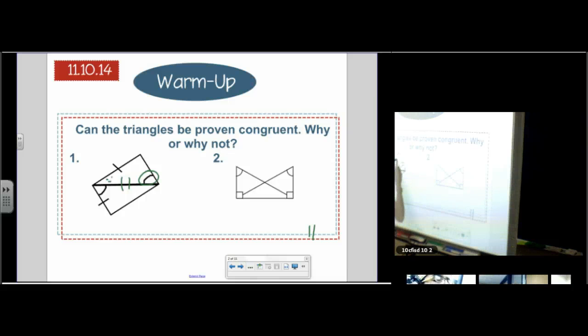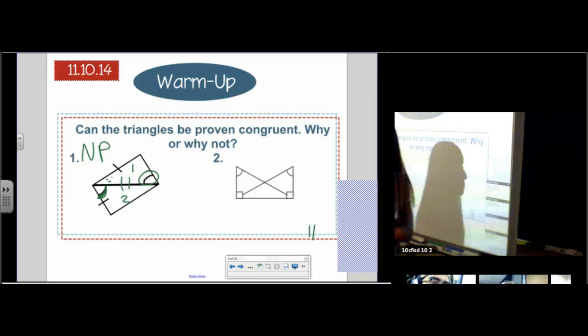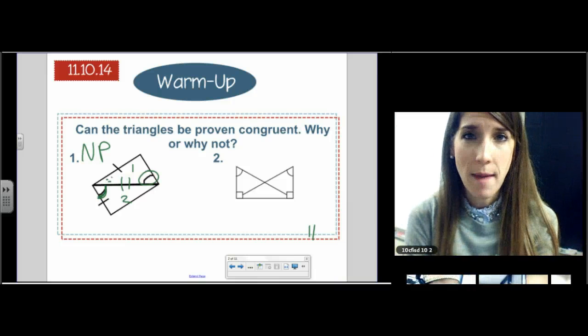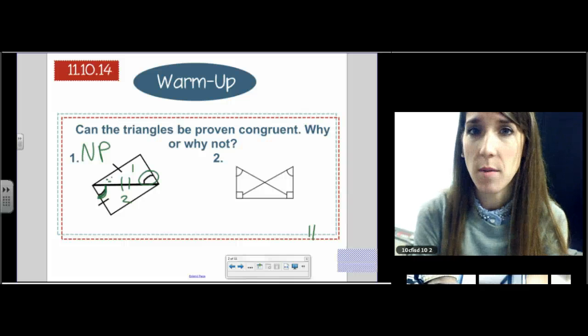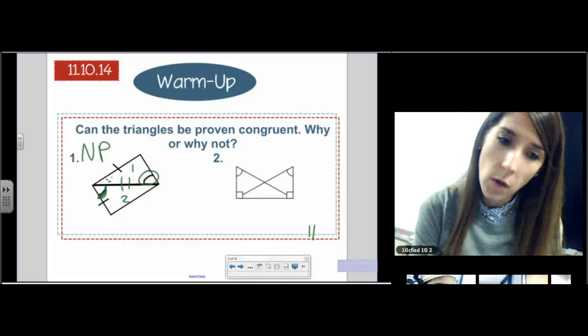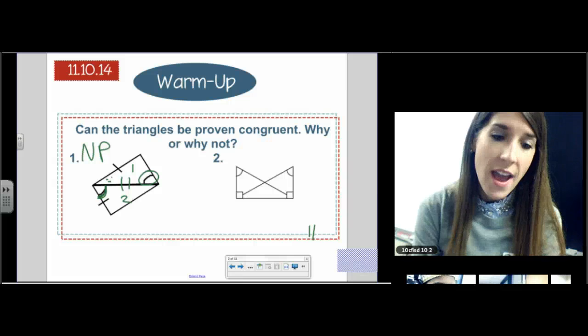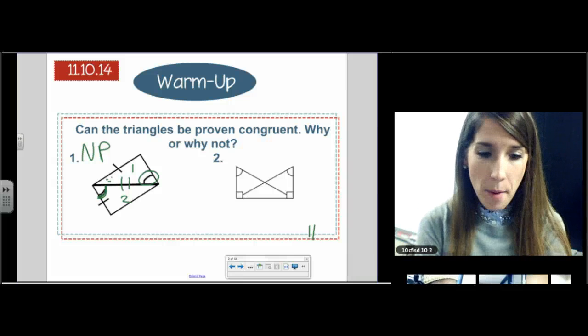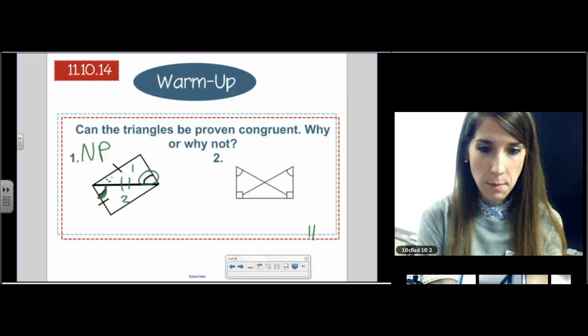On the second one, the angle is between the sides. So number 1 is not possible, because the triangles don't even match. The angle was not between the tick marks on number 1, and it was between the tick marks on number 2. On today's quiz, you would write not possible in both blanks, NP, NP.